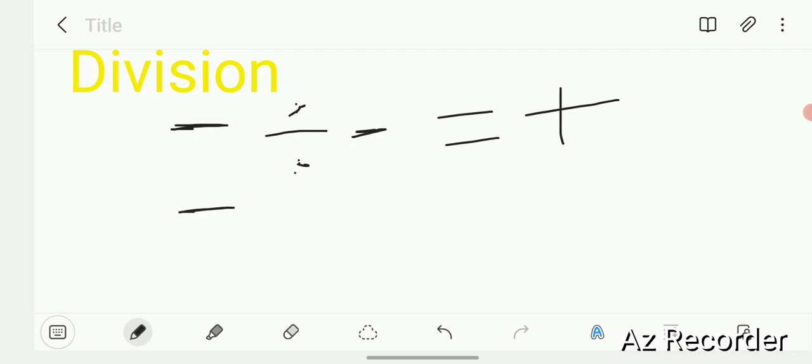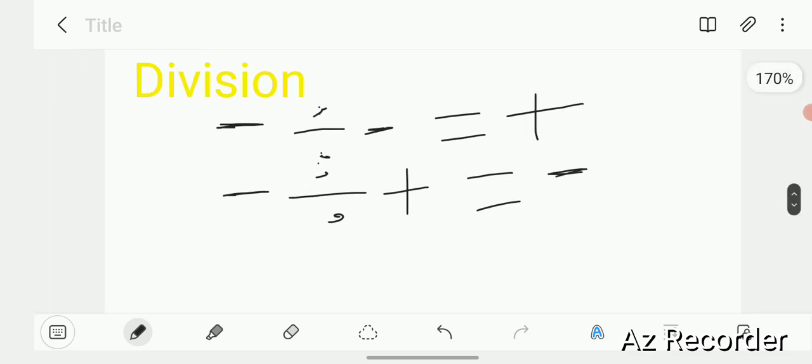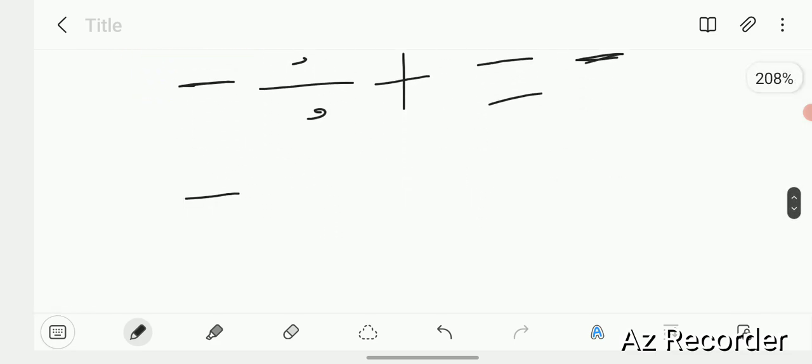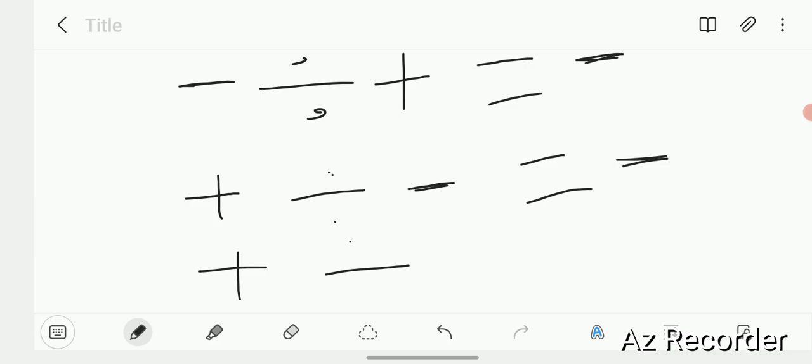When one negative is divided by positive, then the answer is negative. And then one positive, another one negative, then the answer is always negative. And plus divided by plus is always plus itself.